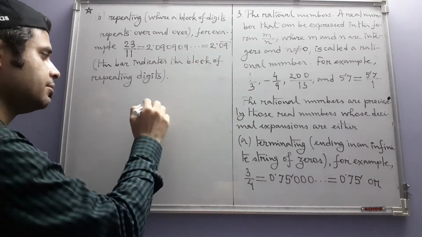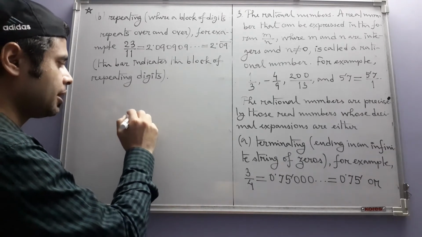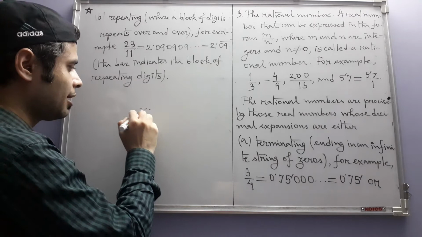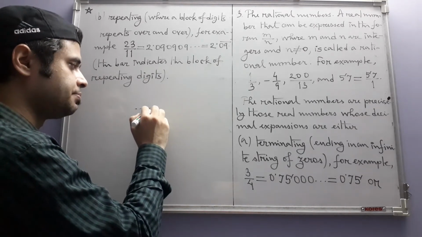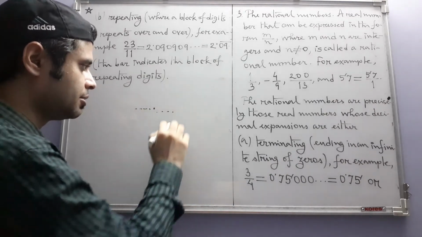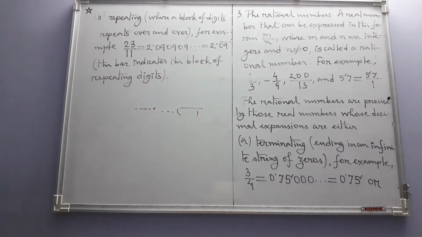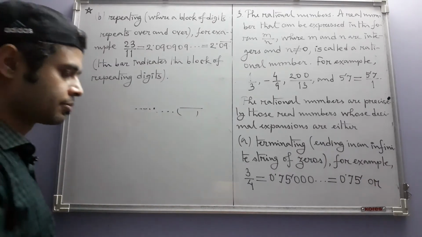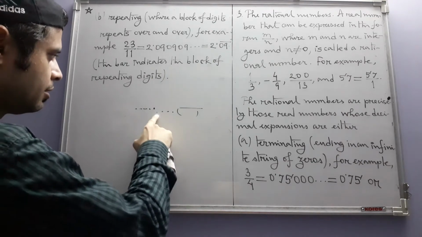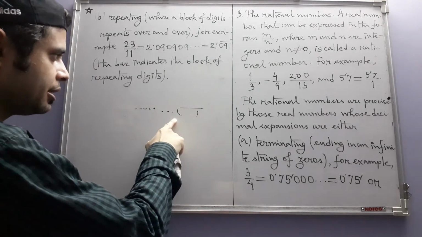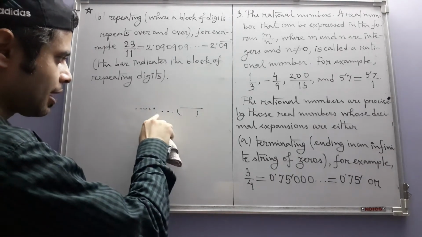You may have some digits before the decimal point, then the decimal point, then some digits, and then you get a repeating block. It's certainly possible. It appears after some digits.